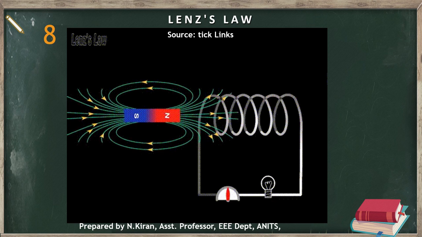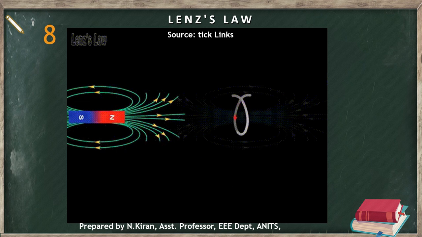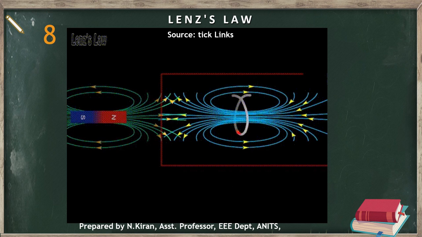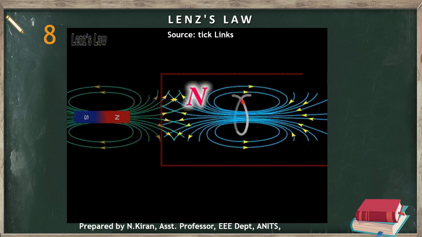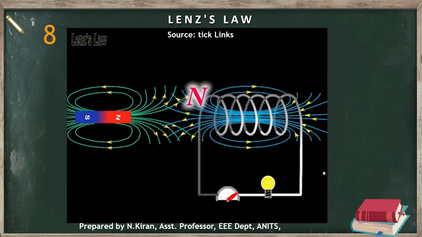When the bar magnet is slowly moved towards the coil, it will induce an EMF, and this EMF will induce a current in such a direction as to oppose this movement. Hence, it produces a north pole which will repel the movement of the bar magnet, so the deflection of the galvanometer will be in one direction.